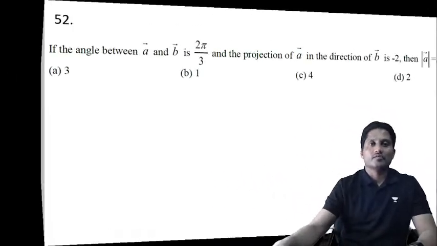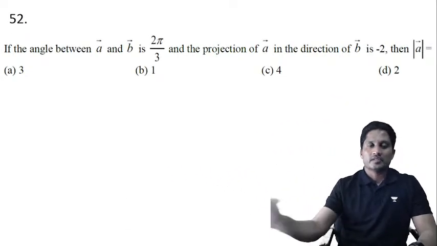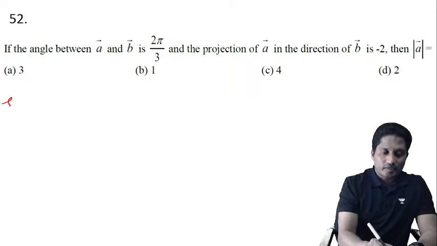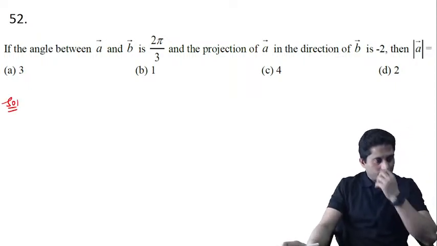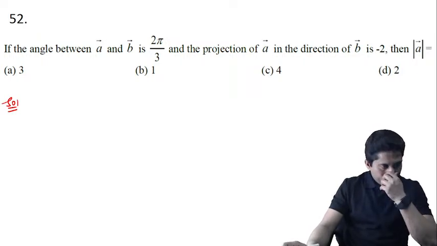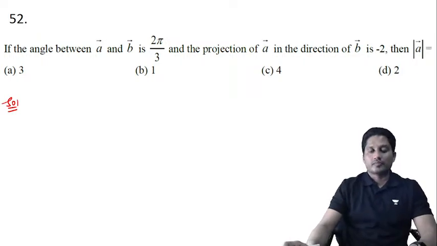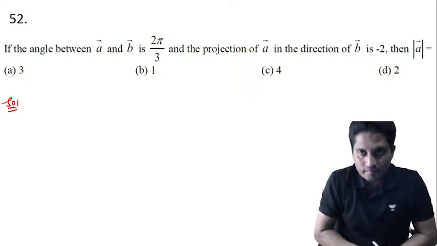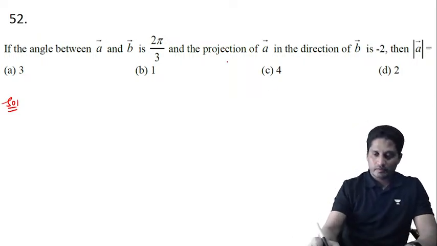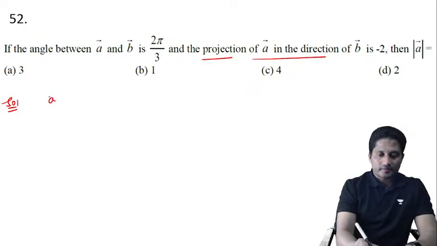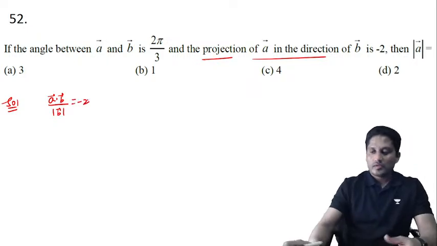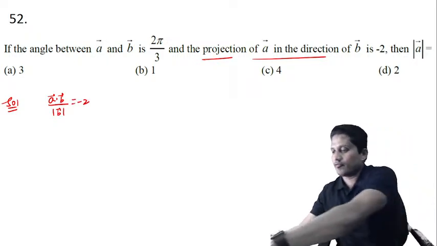Question number 52. Angle between A and B is 2 pi by 3, that is theta is 2 pi by 3. Projection of A on B is minus 2. Now, according to the question, projection of A on B is A dot B divided by mod B, which is equal to minus 2.